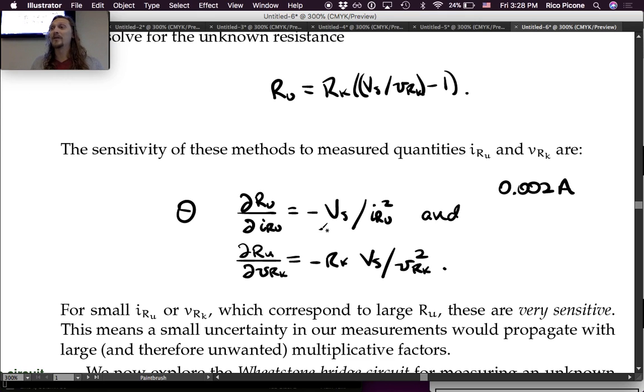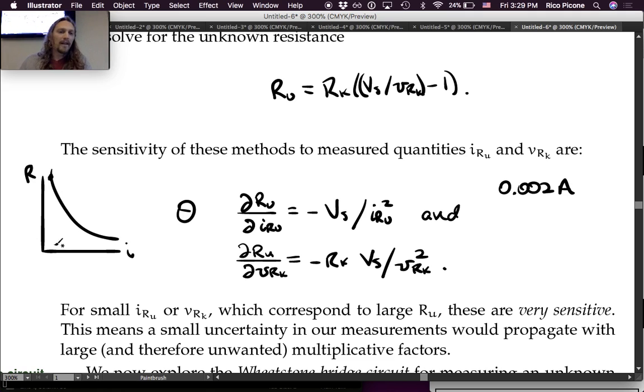That is bad news. Essentially what it's saying is, if you looked at the current here, and you looked at the resistance, they're related like this. And down here at low current, this slope is insane.